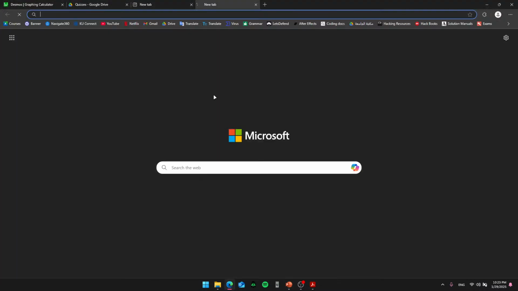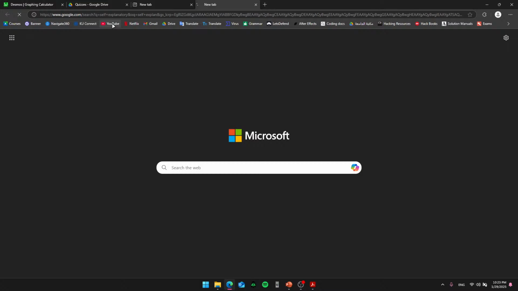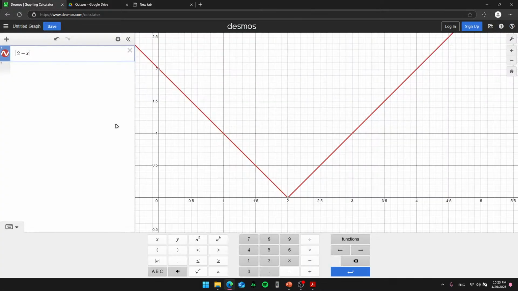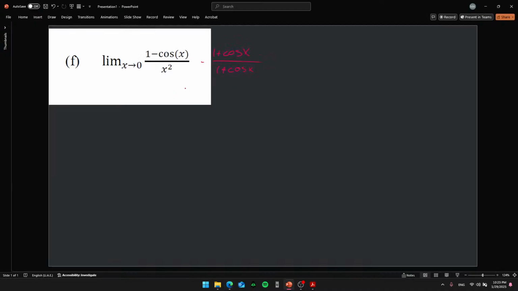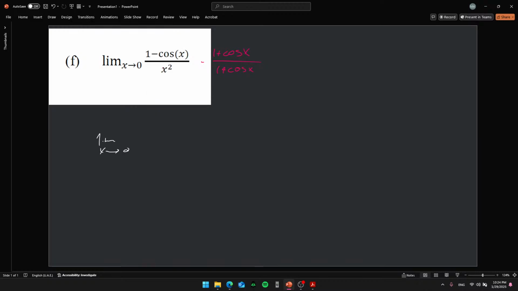Multiply by 1 plus cosine x. Limit as x goes to 0 of 1 minus cosine square x over x square times 1 plus cosine x.